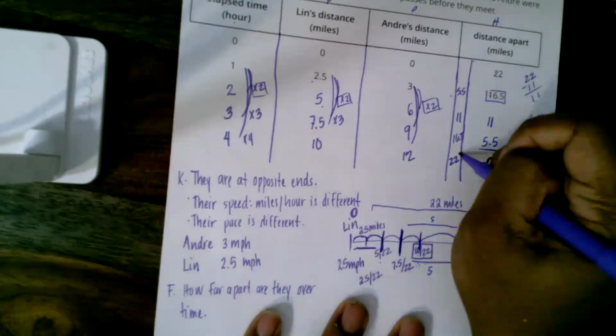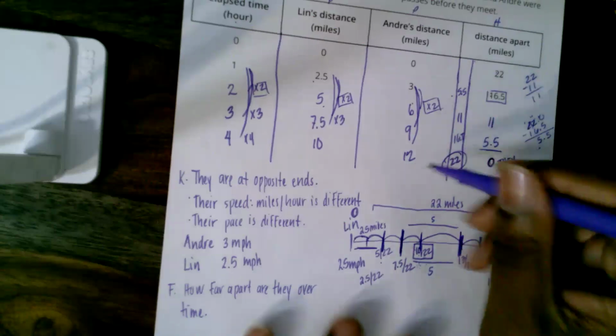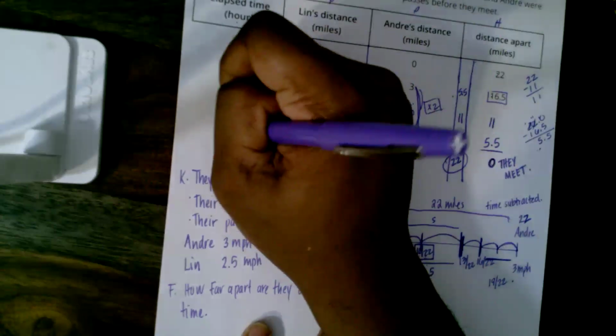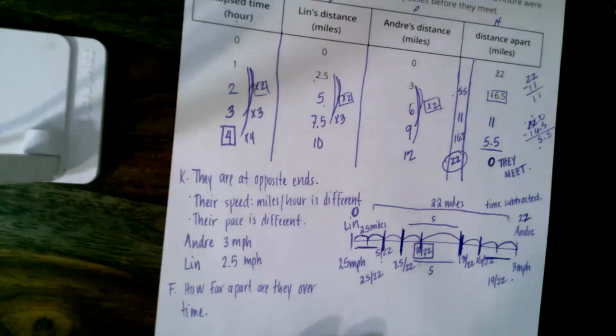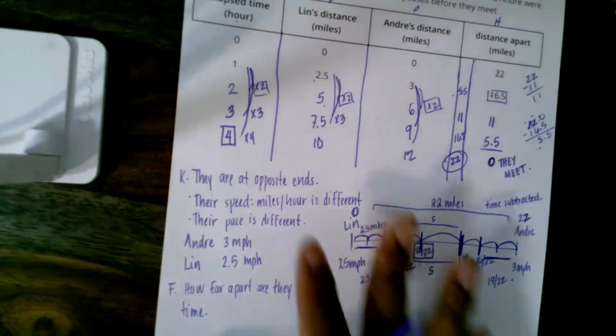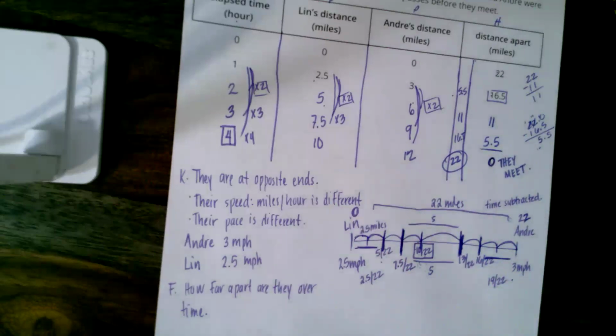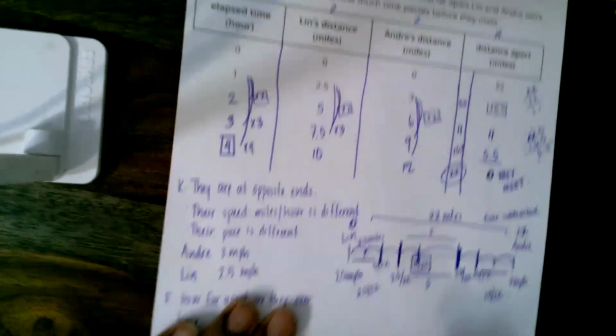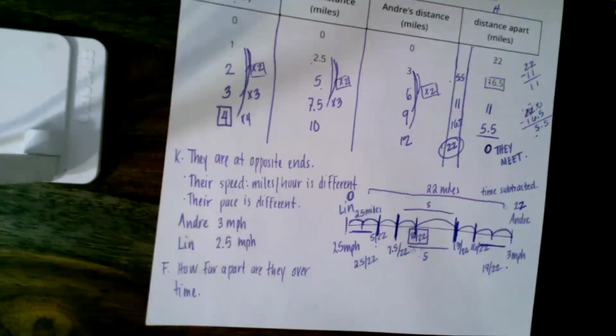So it looks like they met at the 4-hour mark, right? Go ahead and rewind this. You're gonna have to use this skill to help you solve the problems at the end, but this is just a beginner, and we'll keep talking about this, okay?